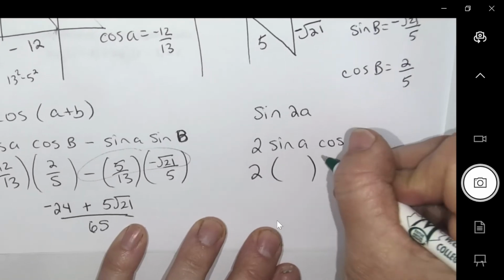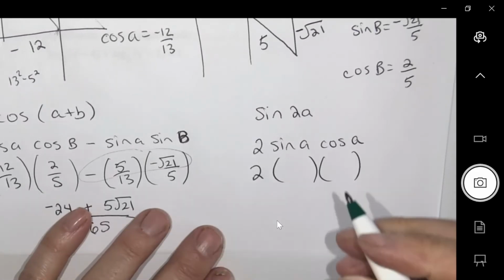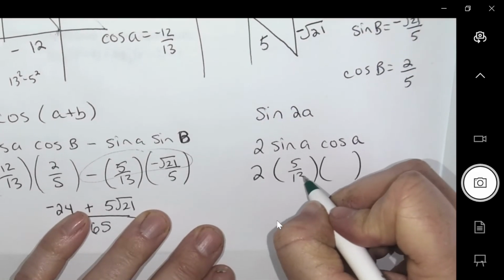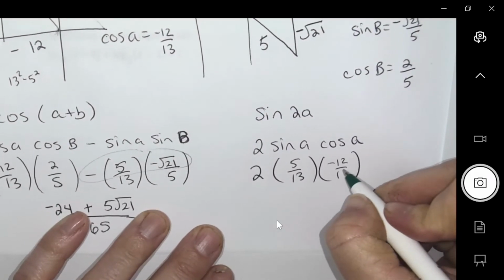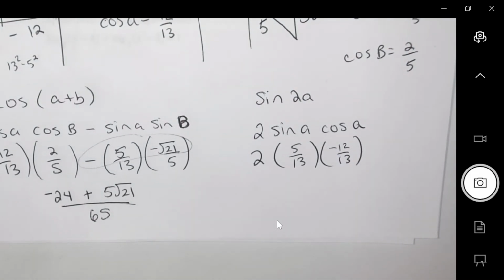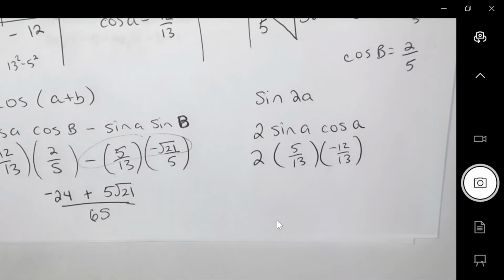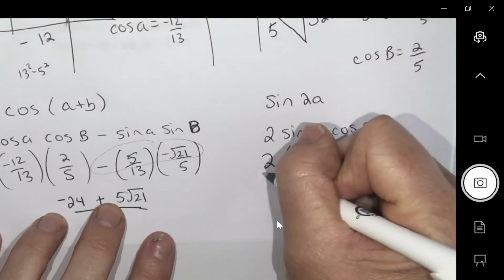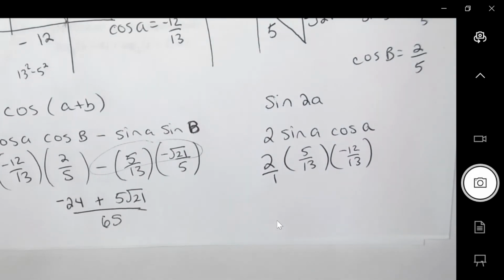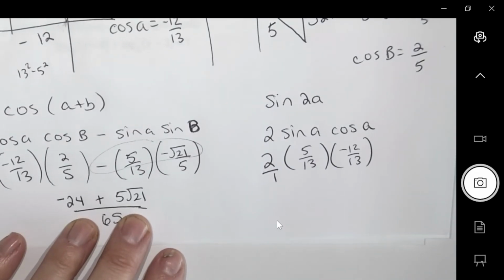And now I'm going to put some brackets in those two places and make those replacements. Okay, so if you really want, you could do an over 1 there just to make your multiplying line up. So 2 times 5 times negative 12 is the top.